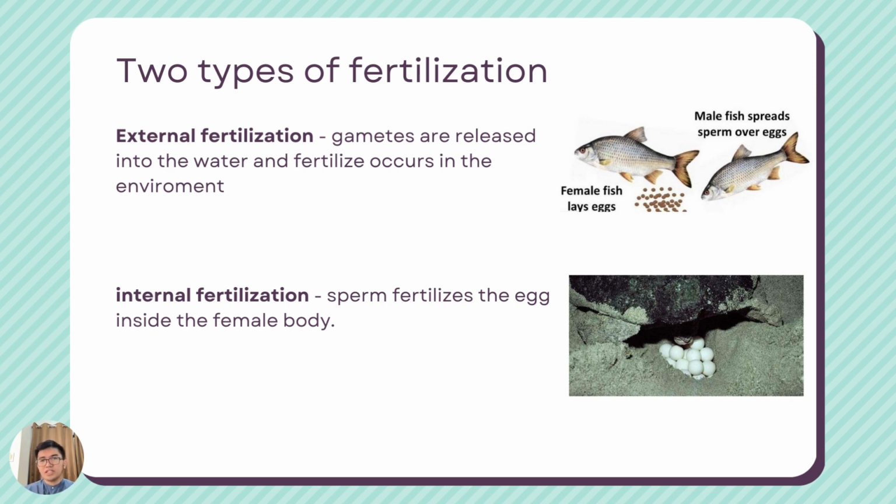We have the external fertilization, in which gametes are released into the water and fertilization occurs in the environment. While in internal fertilization, sperm fertilize the egg inside the female body.